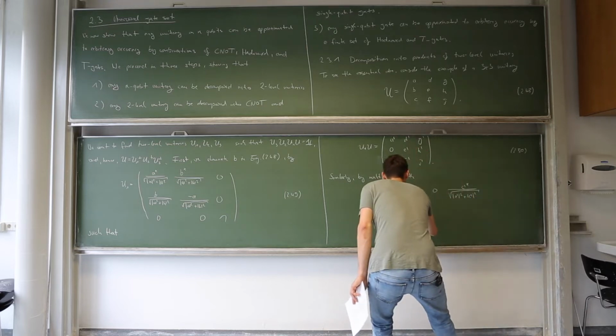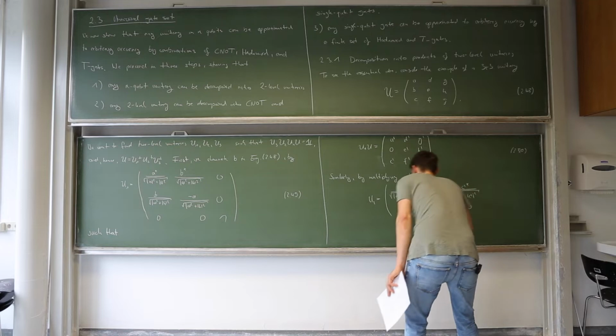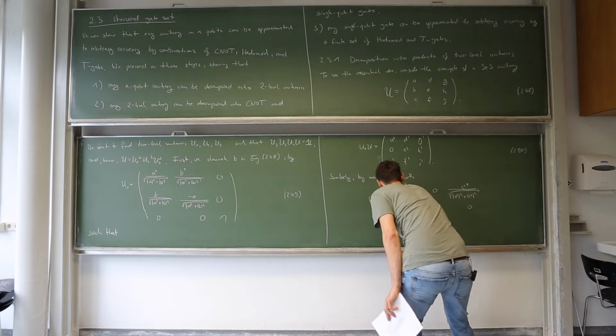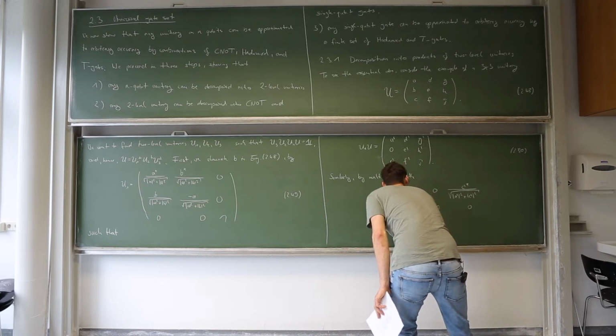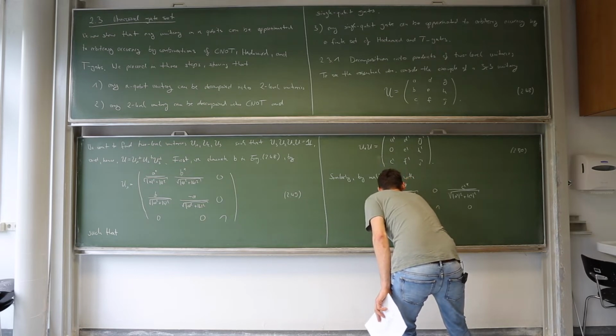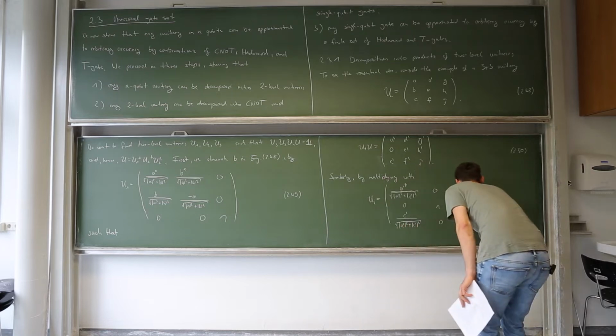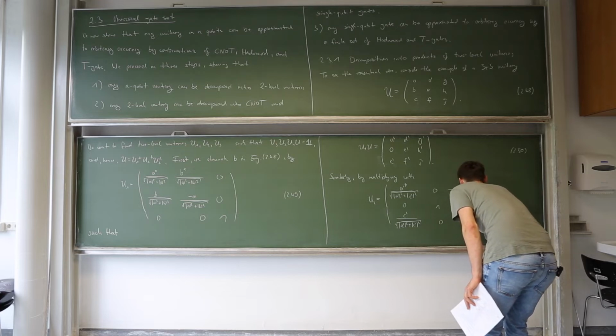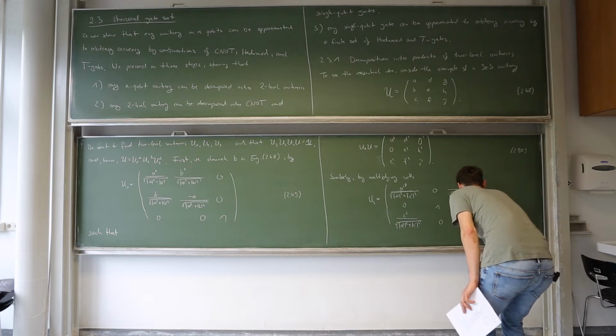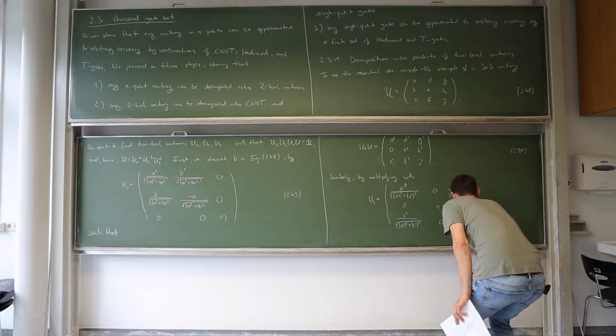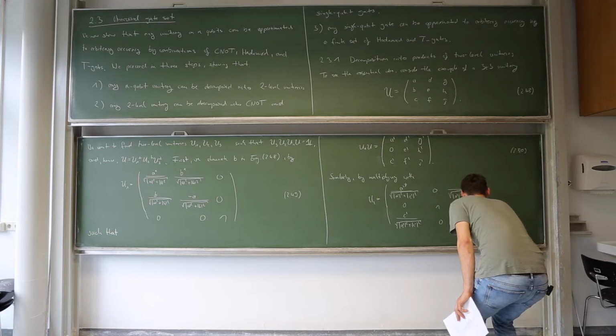And then we have 0, 1, 0. And C prime divided by A prime squared plus C prime squared, 0 and A minus A prime divided by A prime squared plus C prime squared.